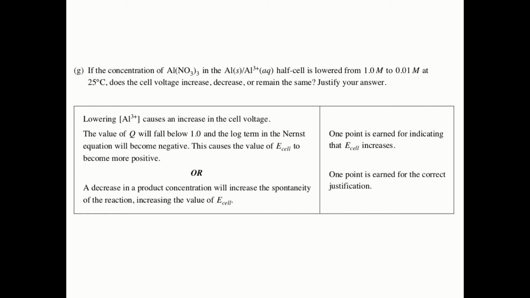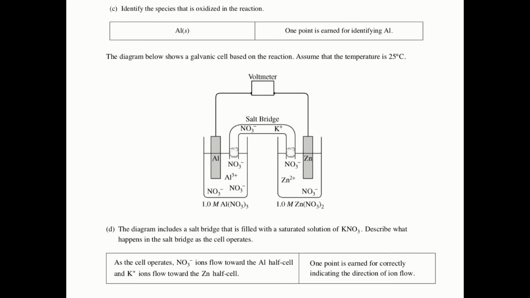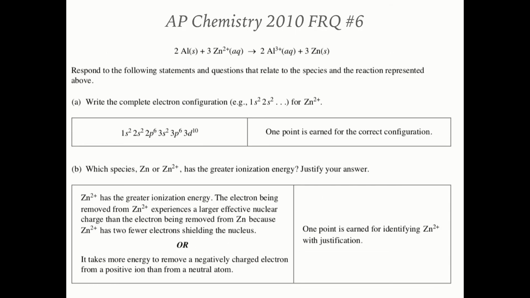All right, for the next problem, it says if the concentration of aluminum nitrate in the solid aluminum half cell is lowered from 1 to 0.01, does the cell voltage increase, decrease, or remain the same? Okay, so if you look back, remember this is my reaction. Aluminum becomes aluminum 3+.